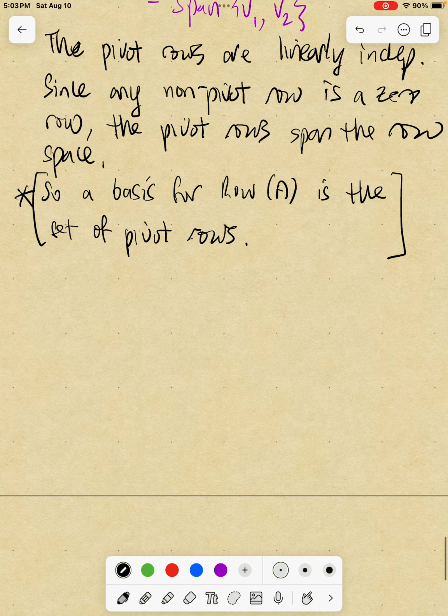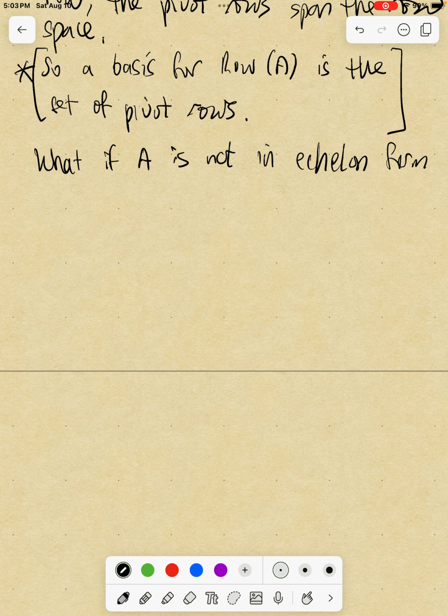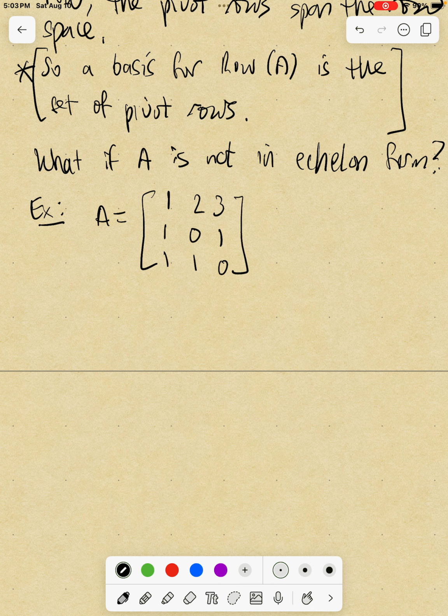Okay, so now let's talk about what happens if A is not in echelon form. Let's look at an example. So let's say A is that. Okay, so let's compare this to the echelon form.